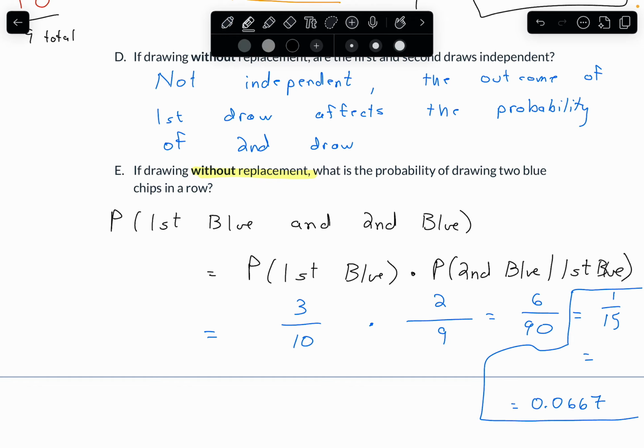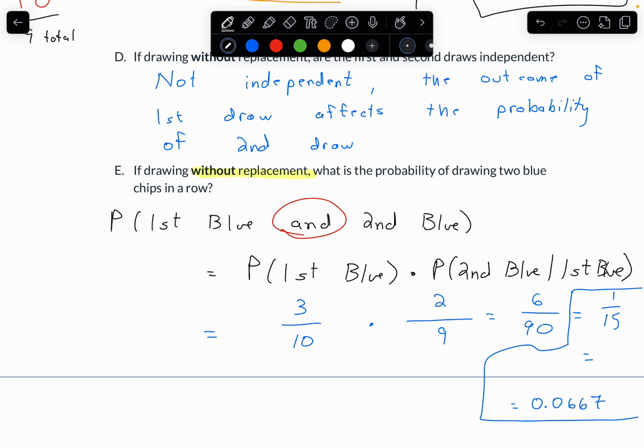Now, in general, the thing I want to end this video talking about here is that a lot of students tend to get confused about how we deal with and probabilities and how we deal with or probabilities. Or probabilities, I think, are a little bit easier because there's really not a whole lot of distinction between independence versus dependence.